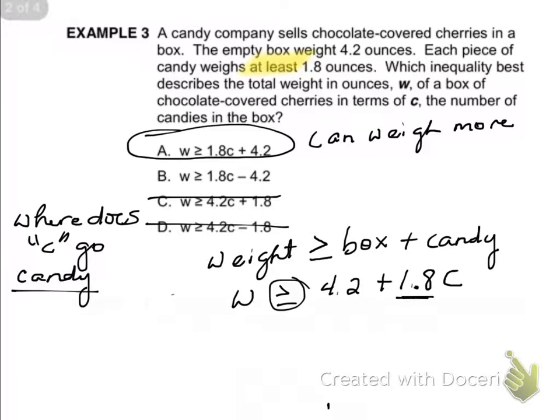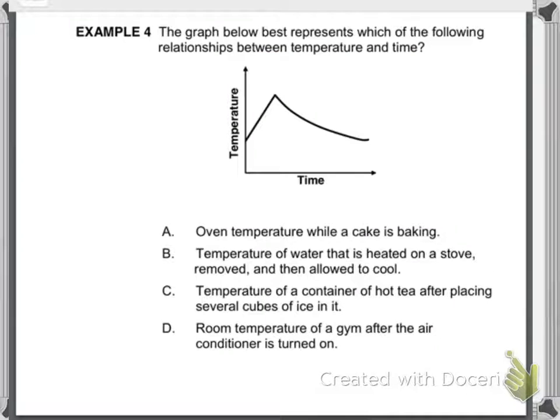All right, in 4, we have an example of some functional relationship, and it says which graph best represents which of the following relationships between temperature and time.